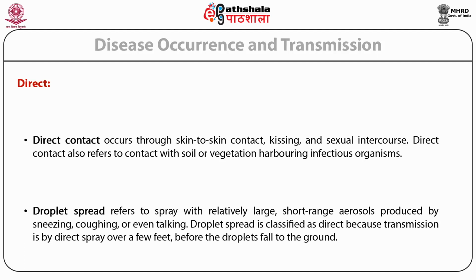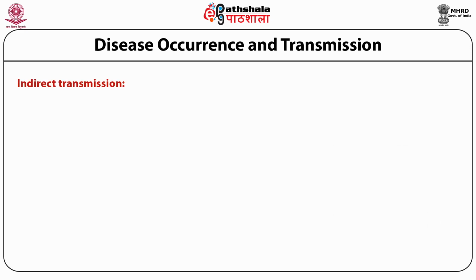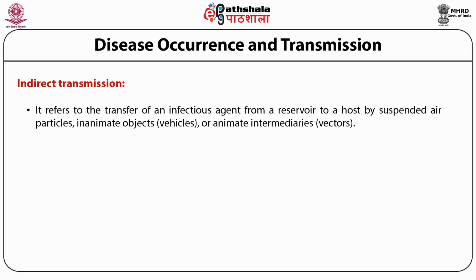Indirect transmission refers to the transfer of an infectious agent from a reservoir to a host by suspended air particles, inanimate objects, for example vehicles, or animate intermediaries, for example vectors.